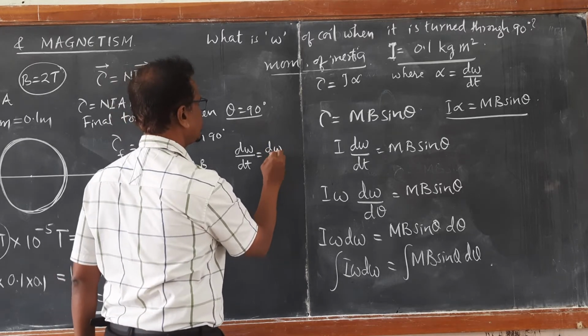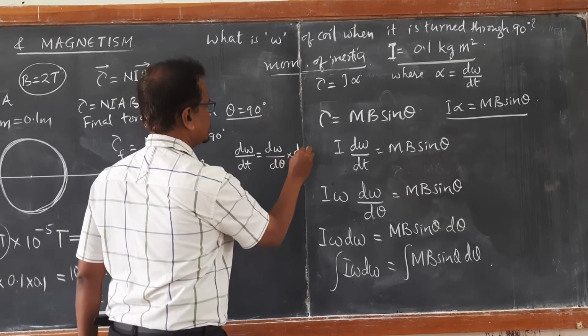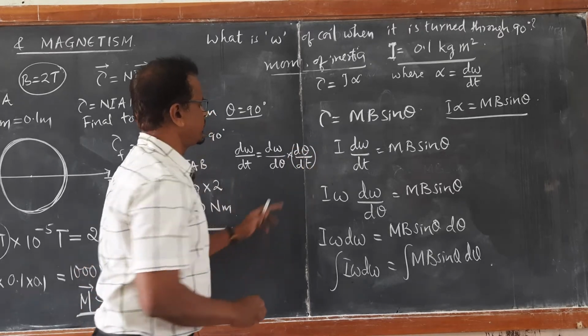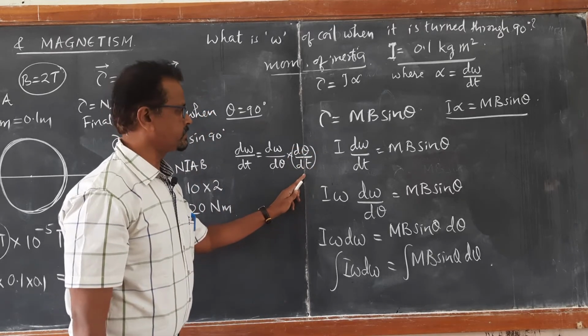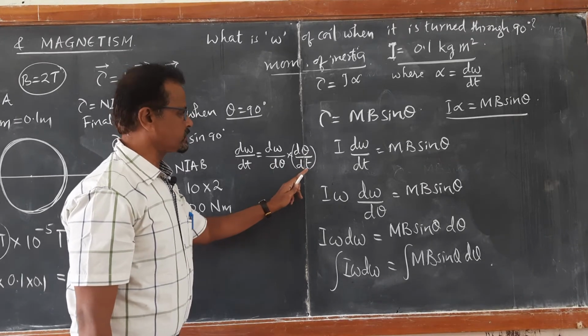It becomes d omega by d theta into d theta by dt, where d theta by dt we know is the angular velocity omega.